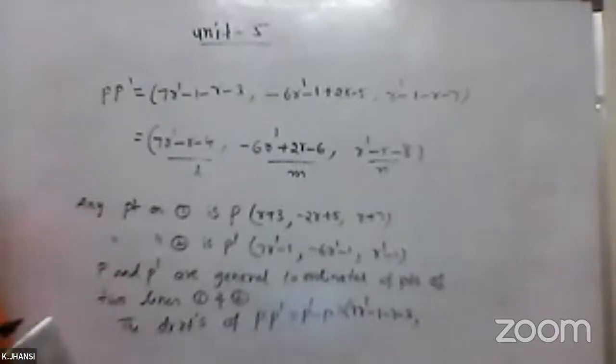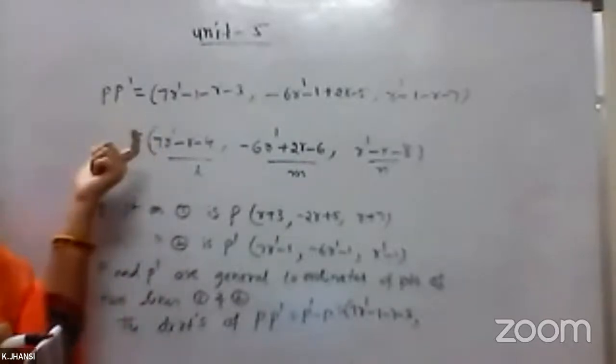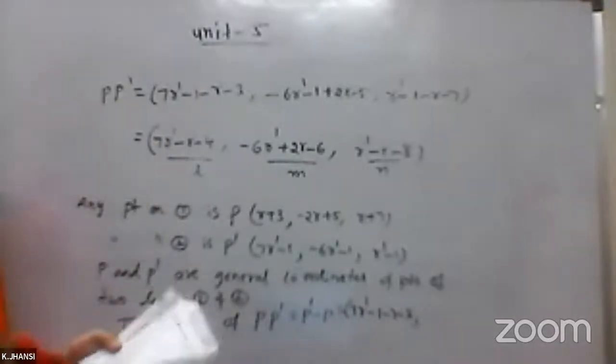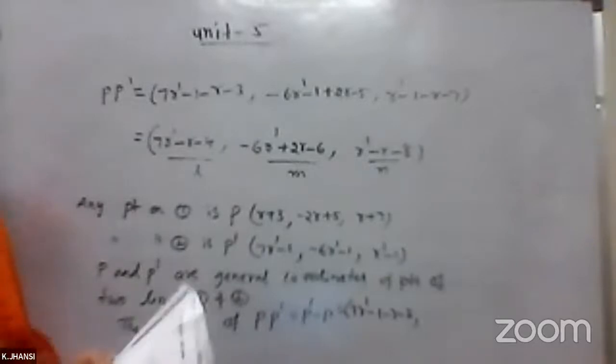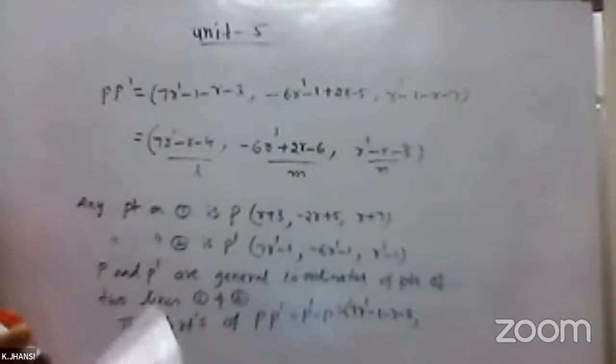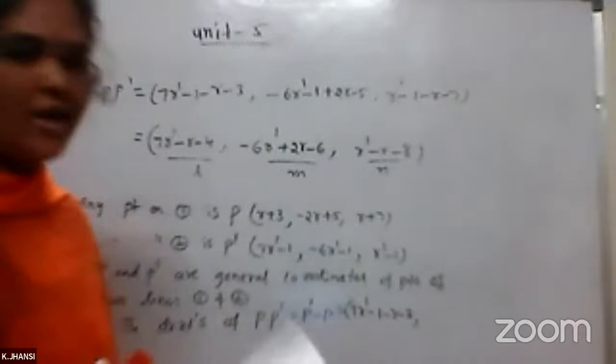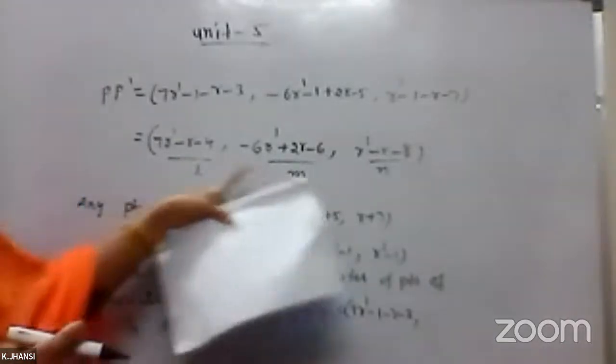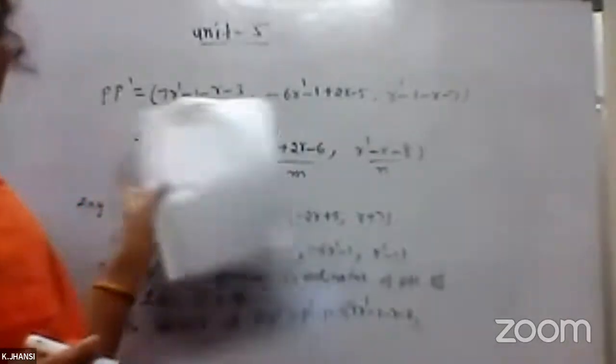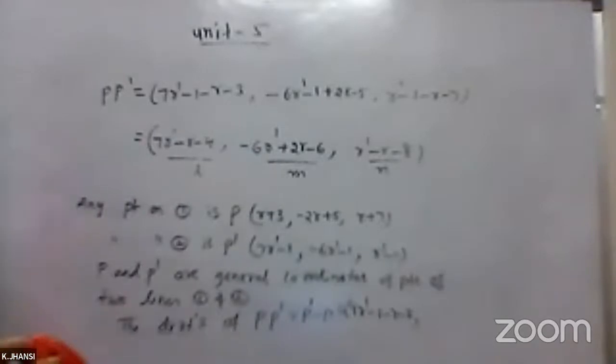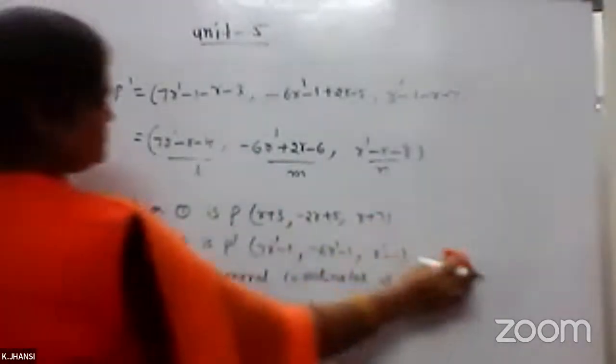So the direction cosines of the two line equations are there. In the denominator we have 1, minus 2, 1 for the first line equation, and for the second line equation we have 7, minus 6, 1. So when you multiply these points L, M with those two points, you will get the r and r dash values. Okay.